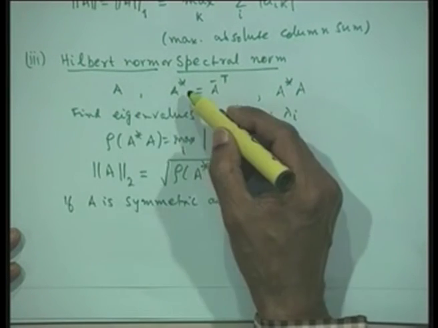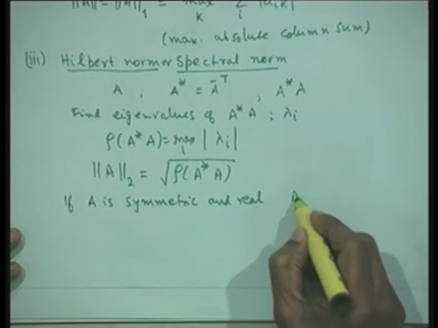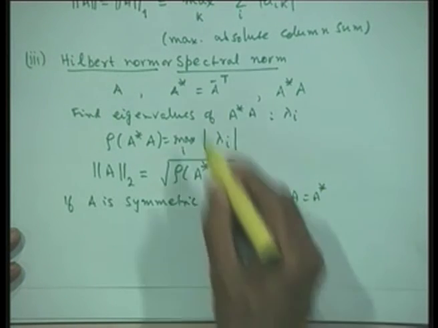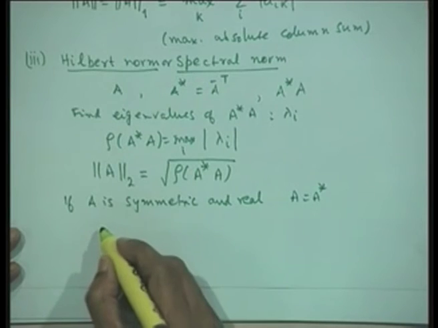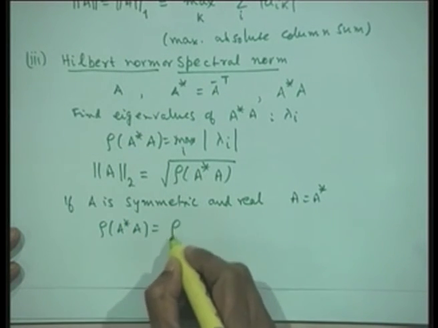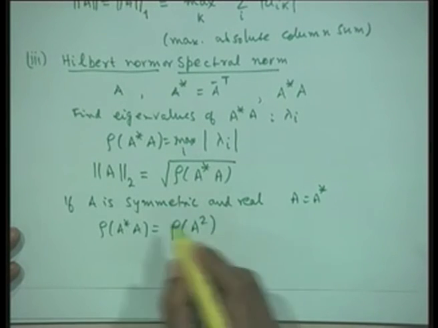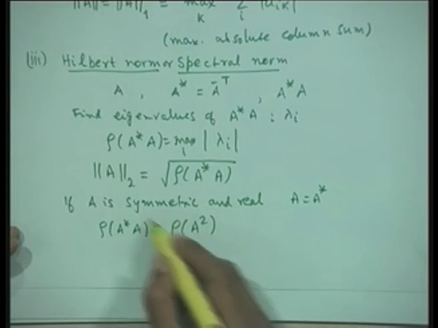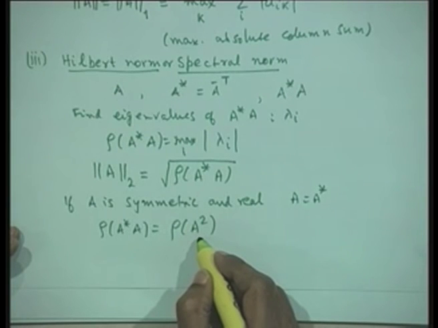That means A is equal to A star. Therefore, the spectral radius of A star A becomes the spectral radius of A square.